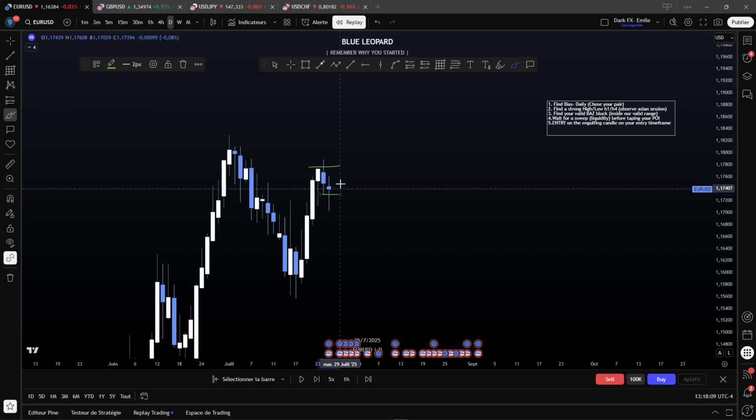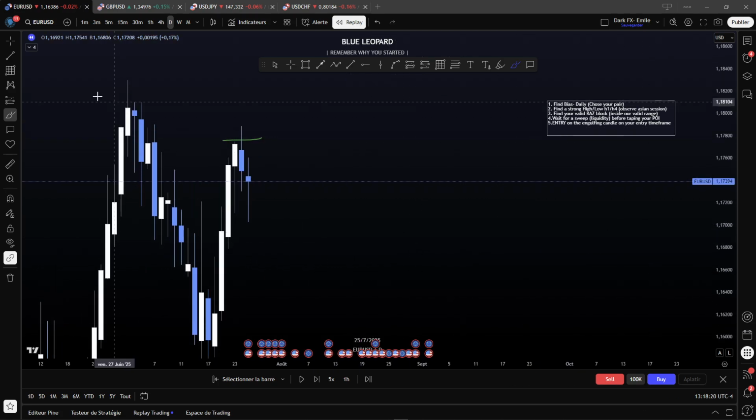I know price did not close out, but remember, like I told you, after an expansion, we have a retracement. So the next day could be bearish. Also, you can observe that price has left fair value gaps that must be retested.